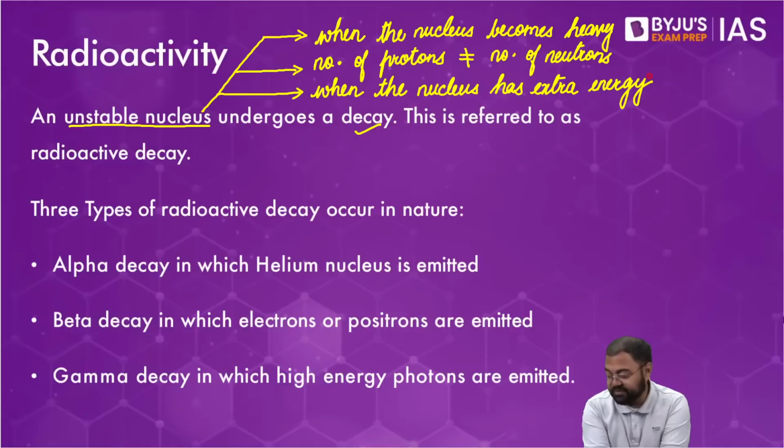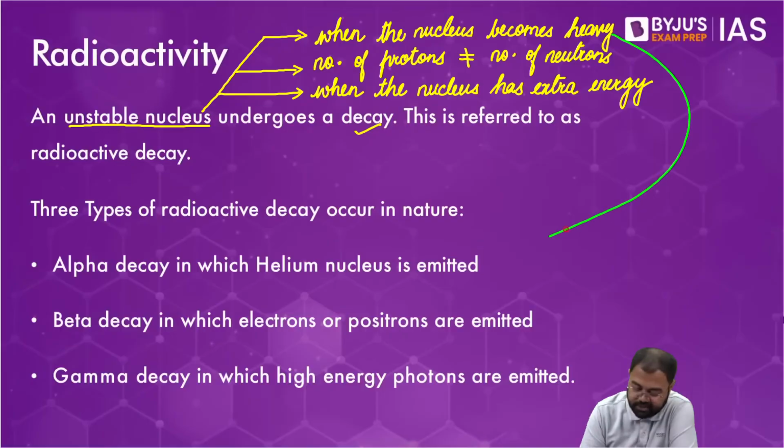So in these three ways, any nucleus can become unstable. First is when the nucleus becomes very heavy. When the nucleus becomes very heavy, this is where we see something called alpha decay.